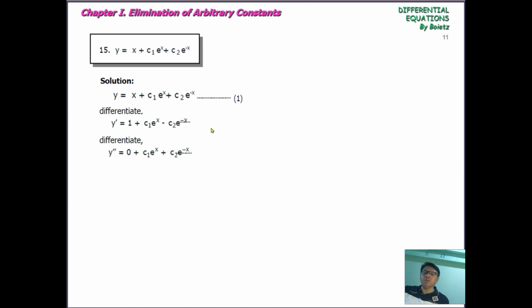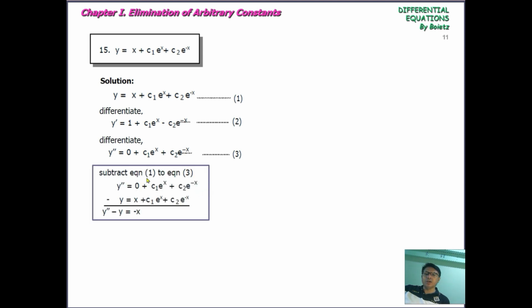Okay, I called it equation 1, equation 2, and equation 3. But here, we can eliminate C1 and C2 by subtracting equation 1 tsaka equation 3, I think. Yun, subtract equation 1 to equation 3. So, y double prime equals 0 plus C1 e to the x plus C2 e to the negative x. Subtract mo ngayon yung equation 1, y equals x plus C1 e to the x plus C2 e to the negative x.